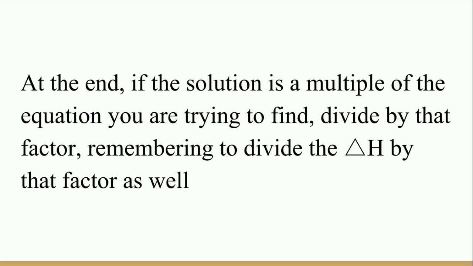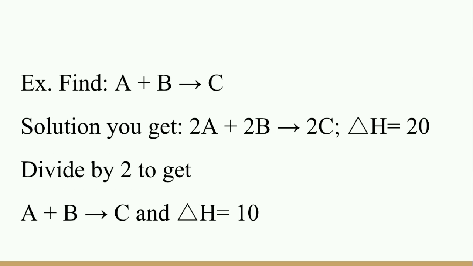For example, if you are trying to find A plus B yields C, and the solution you get ends up being 2A plus 2B yields 2C, and your delta H for that is 20, then all you need to do is divide by 2 to get A plus B yields C, and your final answer would be a delta H equal to 10.